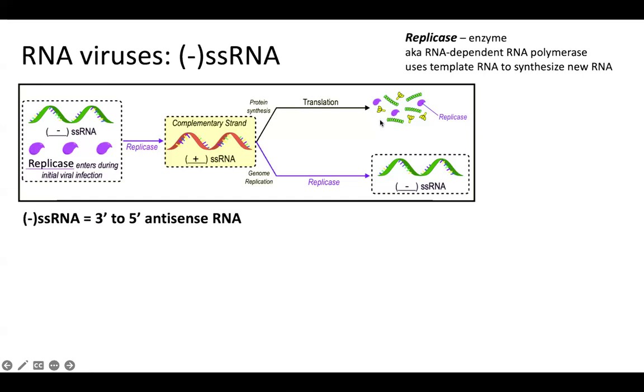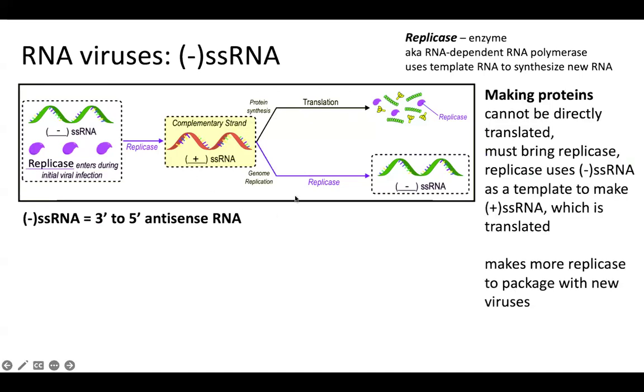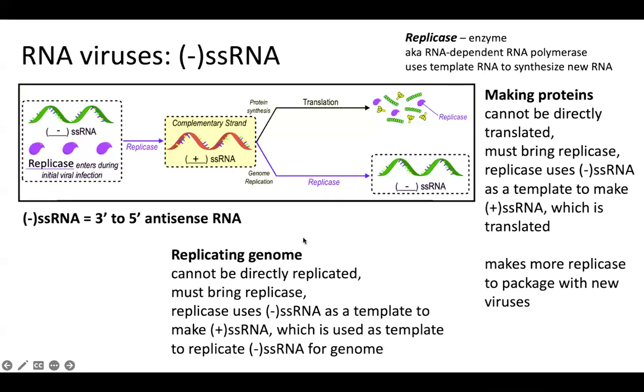That'll be translated. It can make more replicase that it's going to package up and send with the new copies of viruses that it's going to make. So that's making proteins. When it's replicating its genome, again, it's going to need the replicase.